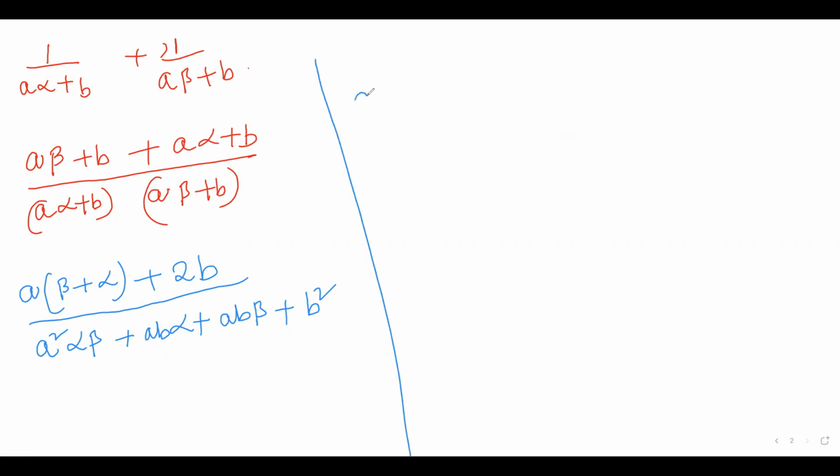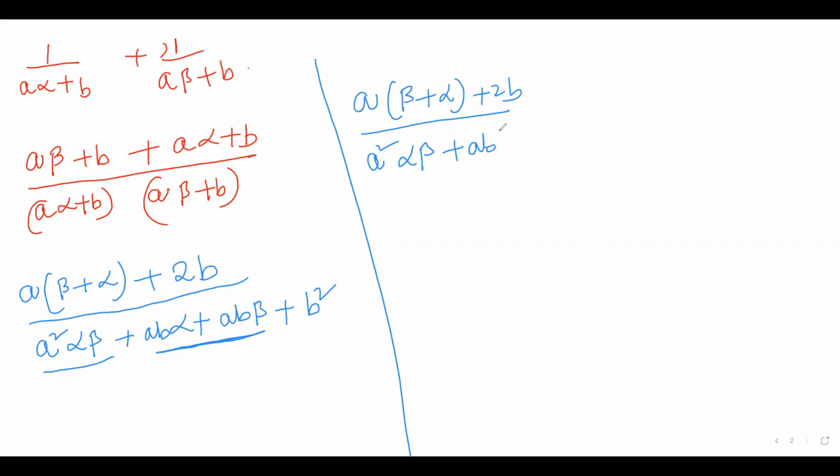Now, in the numerator, A into beta plus alpha plus 2B. In the denominator, A square alpha beta, fine. In these two terms, if I take AB as common, I will get alpha plus beta plus b square. At this stage, you can see product of the zeros, sum of the zeros.